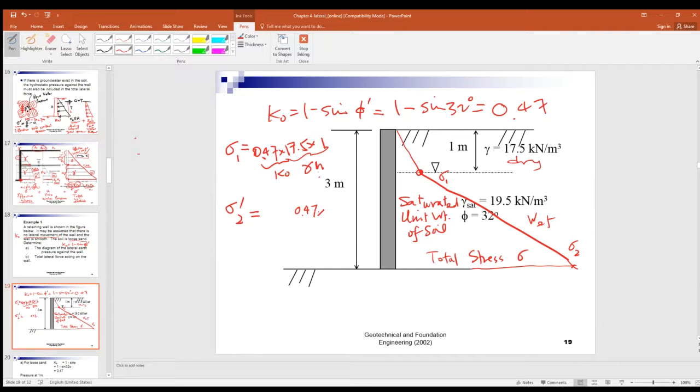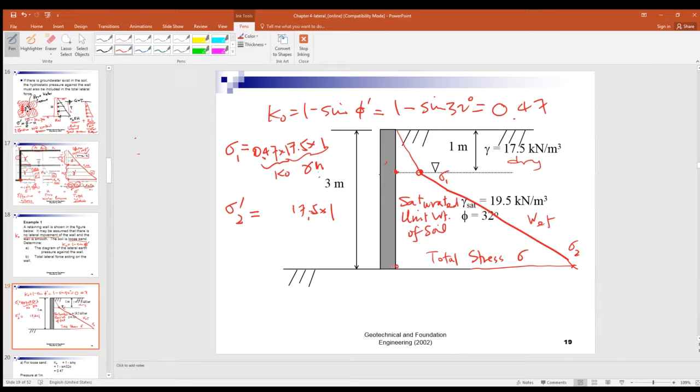Vertical stress first. What's the vertical stress here? 17.5 times 1, you have this point here.